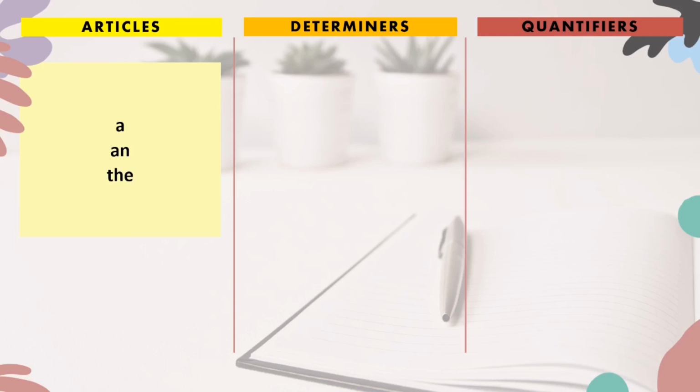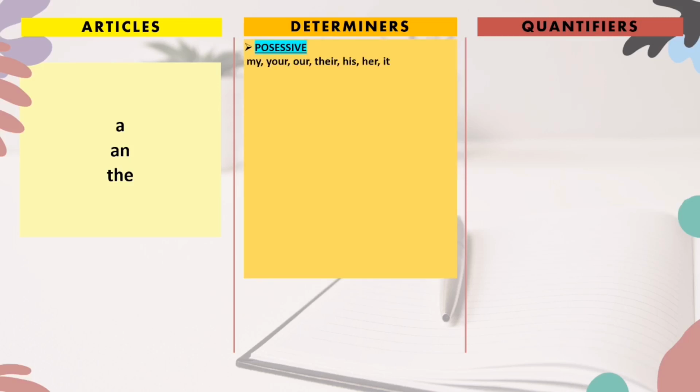For determiners, there are more examples of determiners. Okay, the first one, you have possessive determiners. Words like my, your, our, their, his, her, its. These are called possessive determiners.